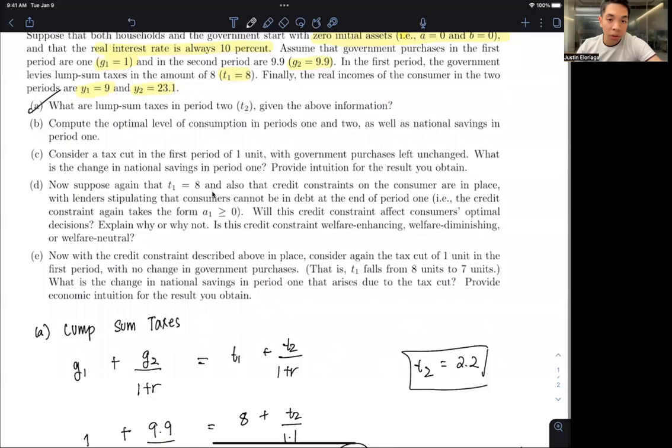Now let's go to letter B, which is to compute the optimal level of consumption in periods 1 and 2, as well as the national savings.